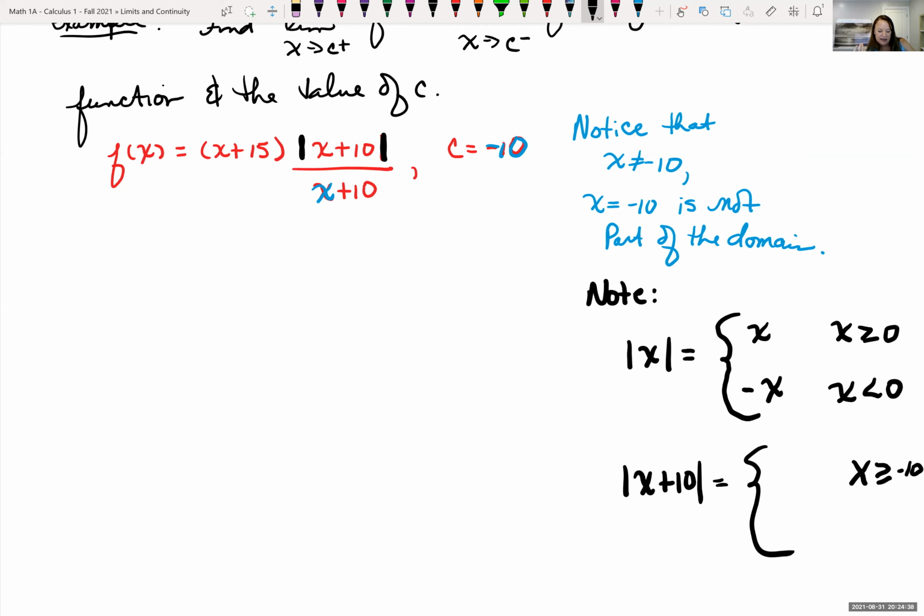If I plug in -9, I would get back -9 plus 10, which is 1. And so if I'm plugging in this value, I'm going to get back this result, x plus 10. That makes sense.